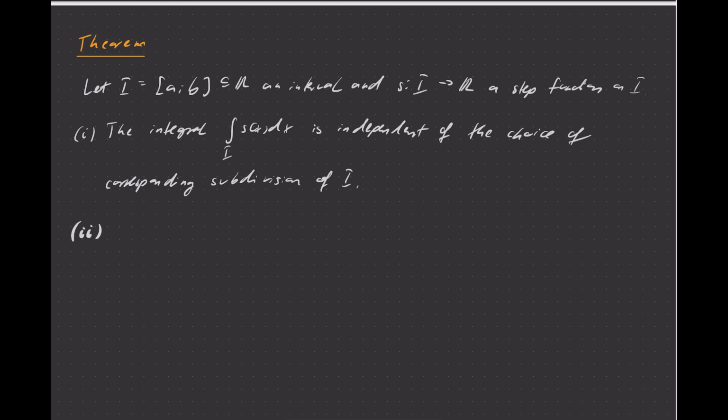Second part of our theorem, any constant function on the interval is, of course, also a step function. So we can also integrate constant functions. Any constant function on I is also a step function.